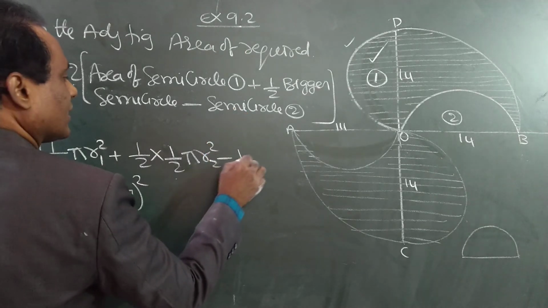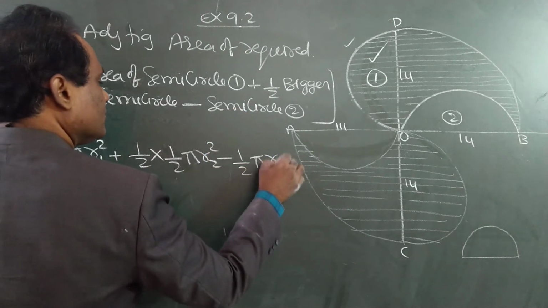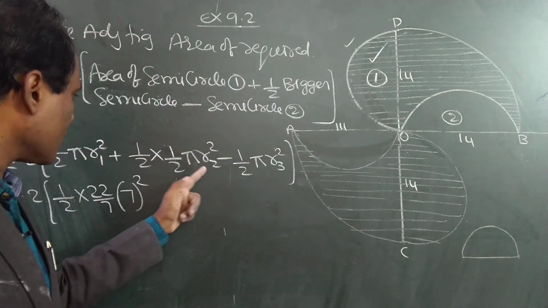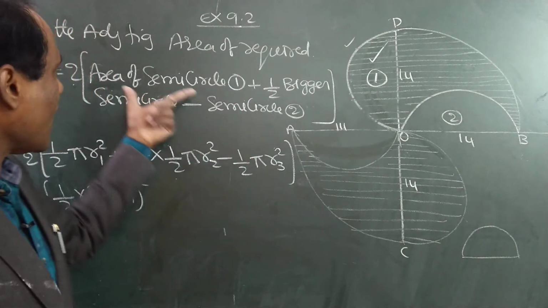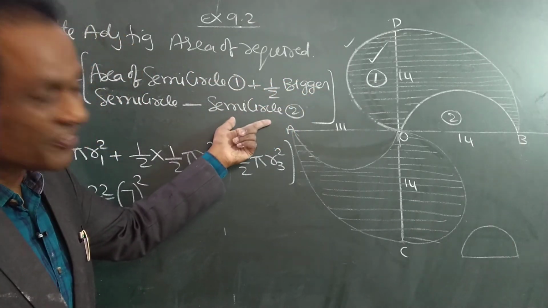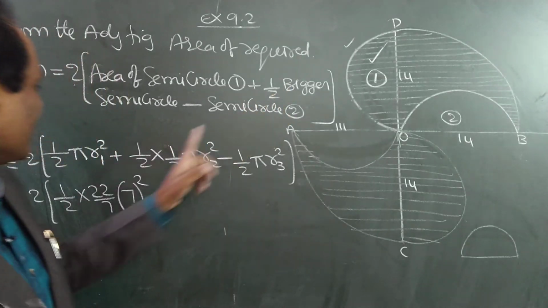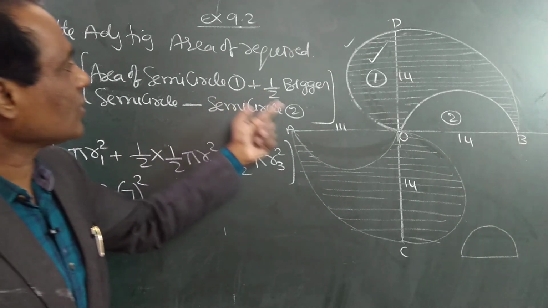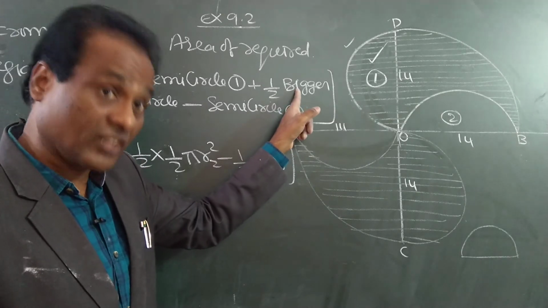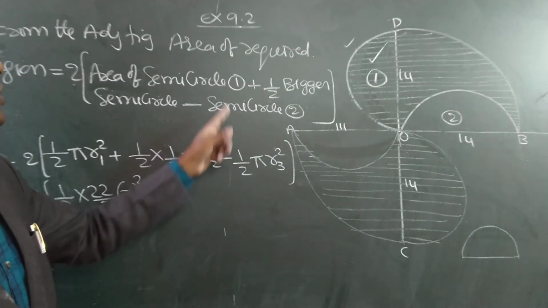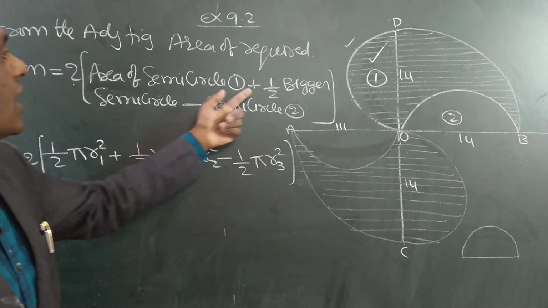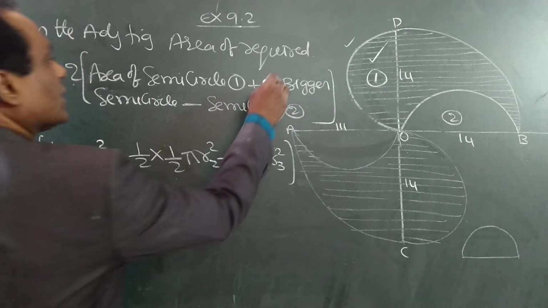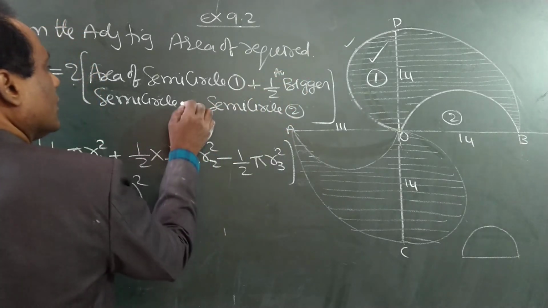Next also a semicircle, half pi r square. So I will take this radius as r1, this radius as r2, this radius as r3. Half pi r square, half pi r square, half pi r square. But here only half is there, so that's why we got half. This is not a full semicircle, only half semicircle. So therefore 1/2. So area of half of bigger semicircle minus semicircle. You can mention area here.